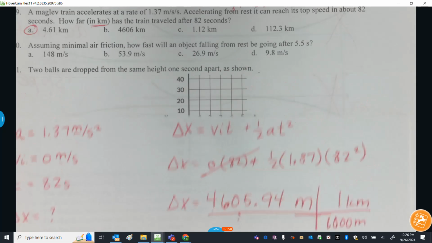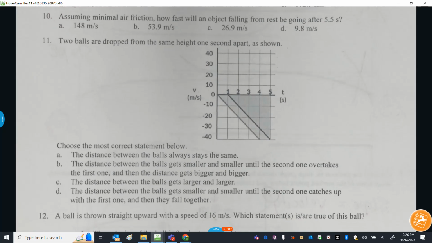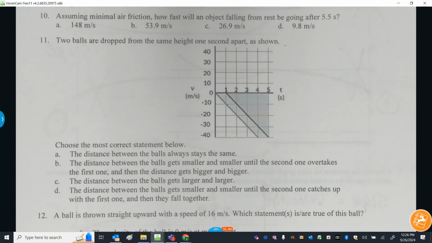All right, number 10. On Form A says, assuming minimal air friction, how fast will an object falling from rest be going after 5.5 seconds? So this is a calculation. It's a free fall calculation because it says an object's falling from rest.